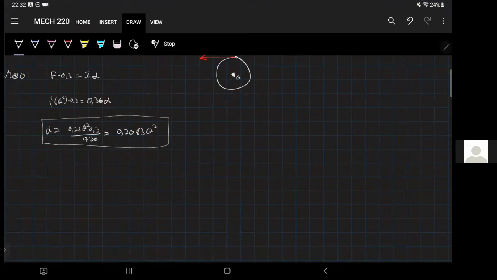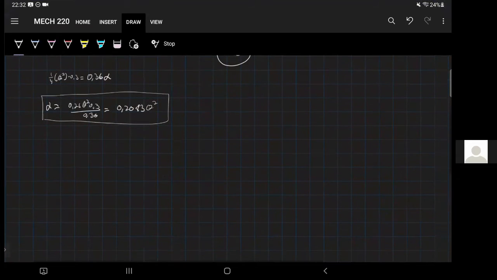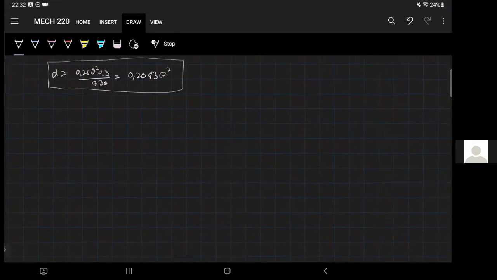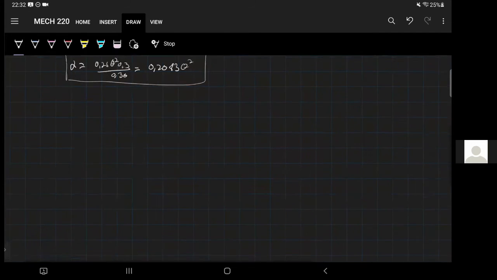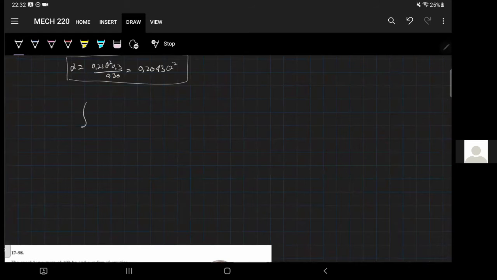right? And since we want the angular velocity, we will need to integrate. So basically we know that the velocity, like the omega, is going to depend on alpha.